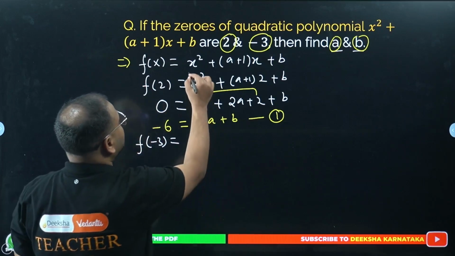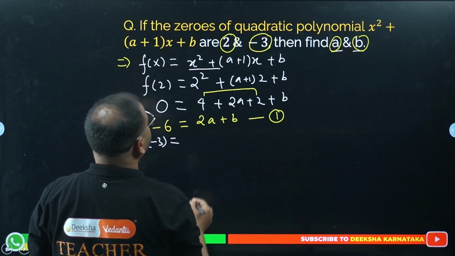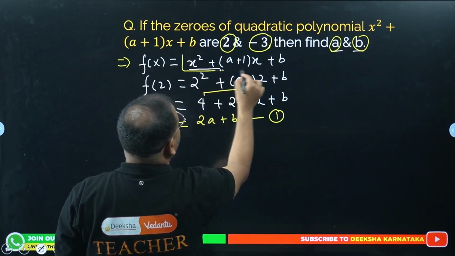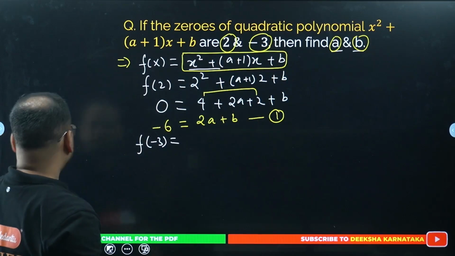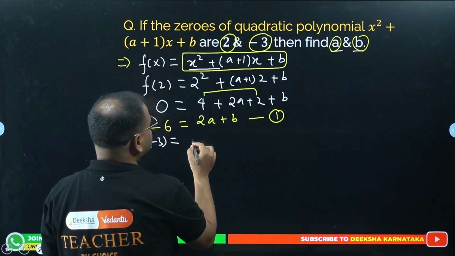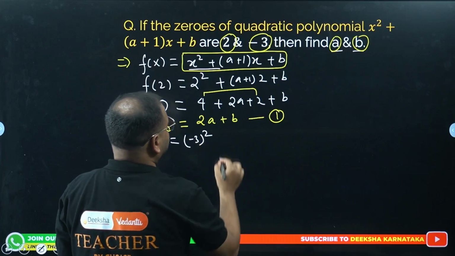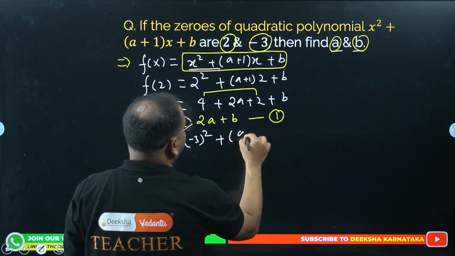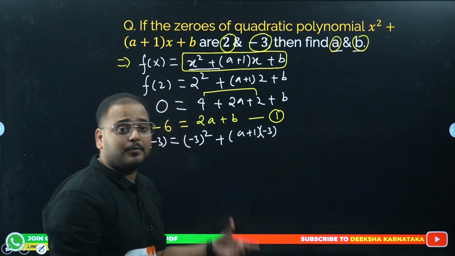Same thing we'll do in this expression. In this only, we'll put x as minus 3. So x is minus 3, square is how much? 9 it is. We can write it next step. (a plus 1) times minus 3. I'm writing all the steps so you'll understand everything.